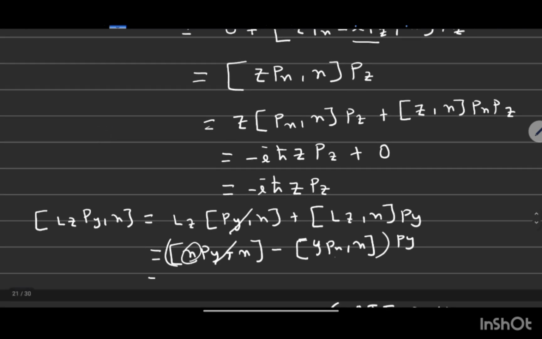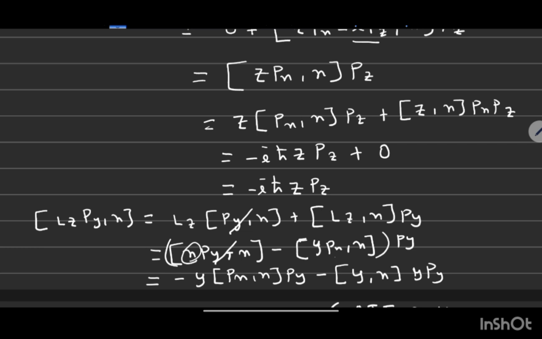So this can be written as minus y times Px comma x times Py, minus y comma x times y Py.